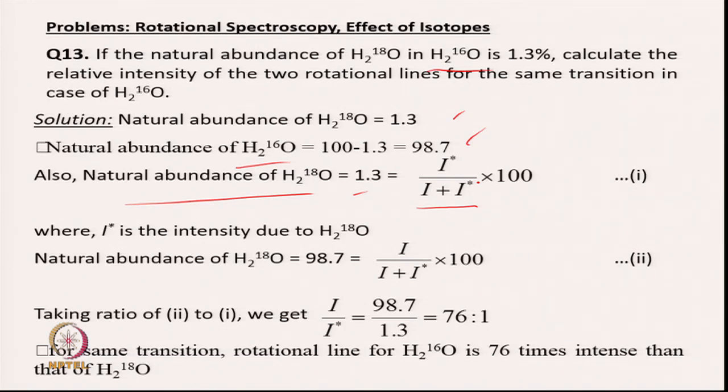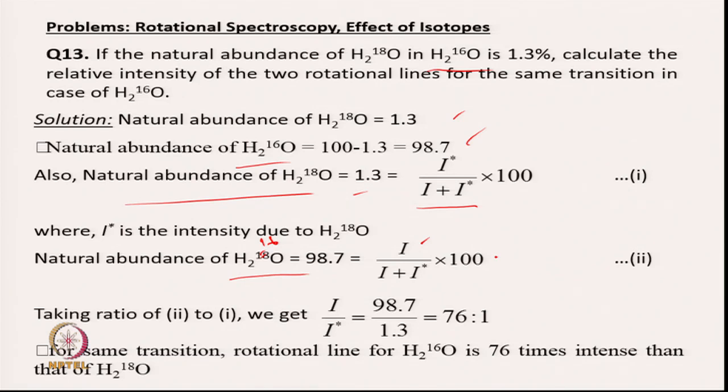So, I star is the intensity due to S 18 O and I is the intensity due to S 16 O. Natural abundance of S 16 O will be equal to 98.7, and that will be equal to I divided by I plus I star into 100.